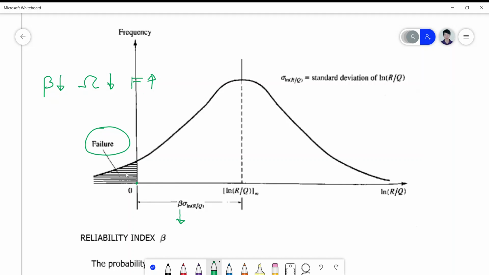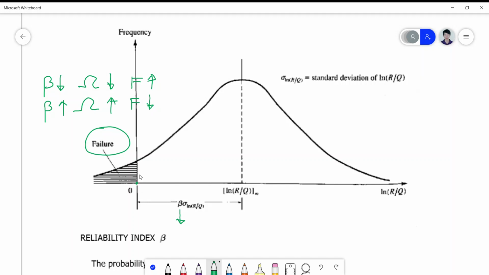While if your beta is big, then your margin of safety, your factor of safety, is big, and then your failure is small. That's how things go when you compare your argument.